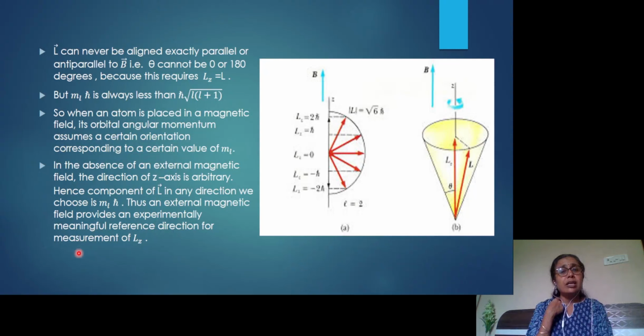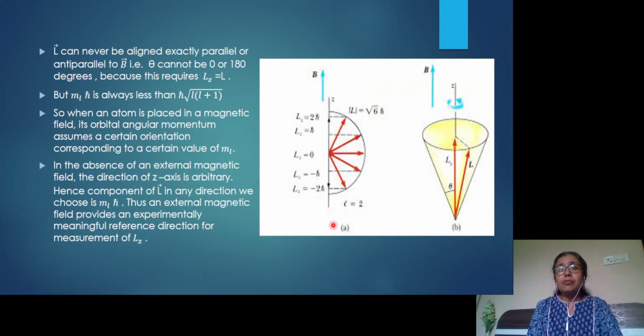So we can take our z-axis in any direction, and the component of L in any direction that we have chosen will be equal to mlħ. So this space quantization concept of the orbital angular momentum vector arises only in the presence of a magnetic field.